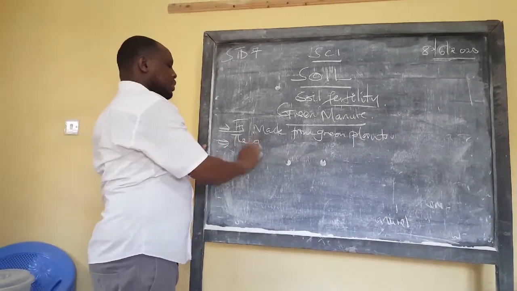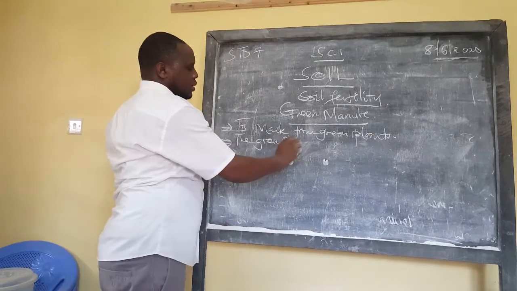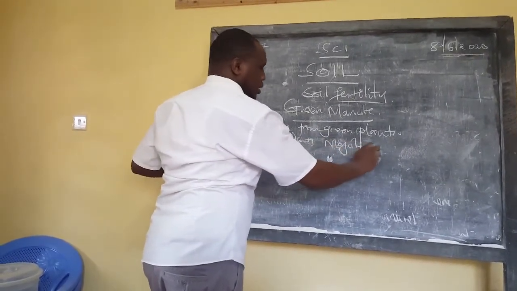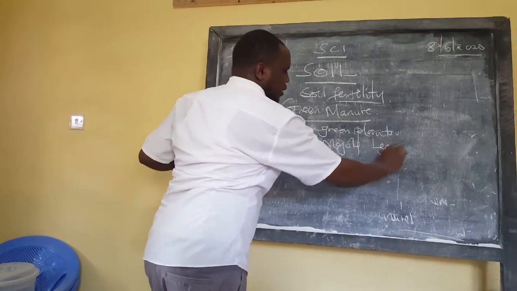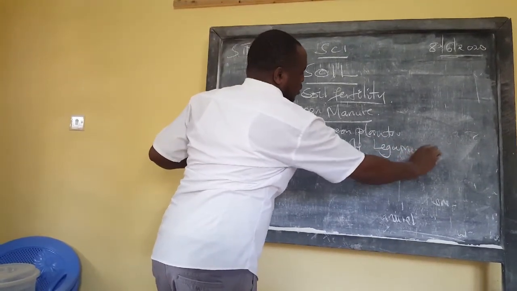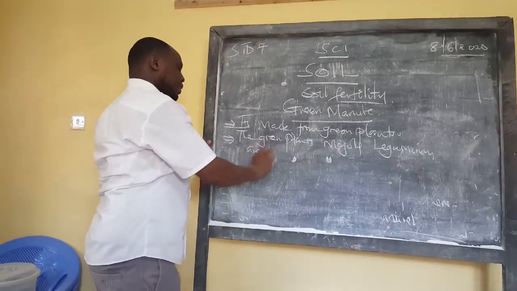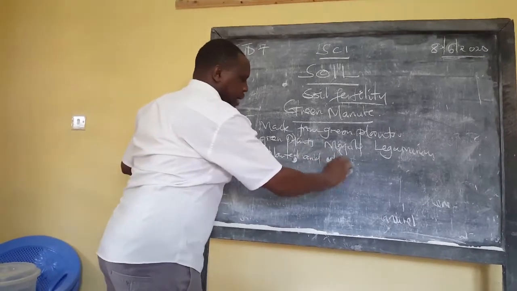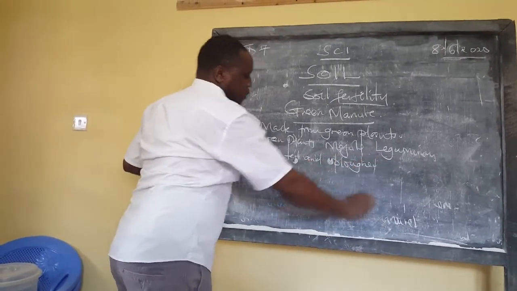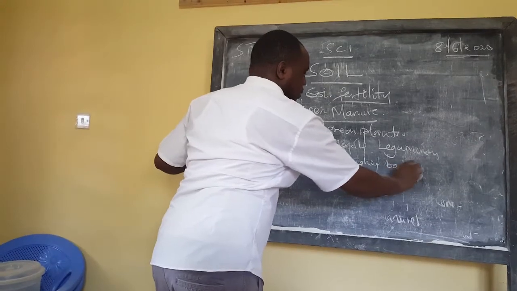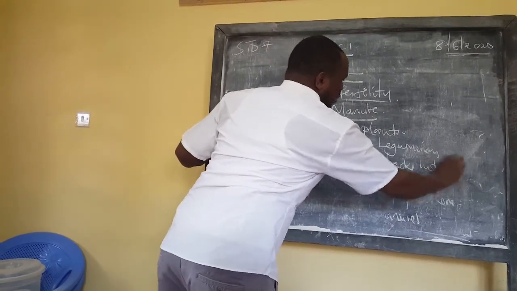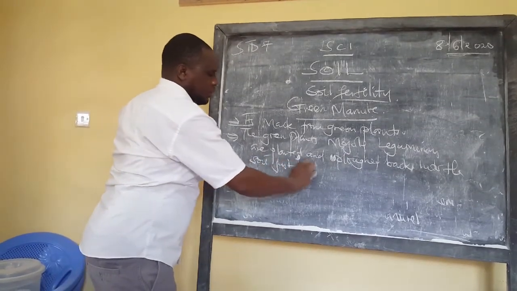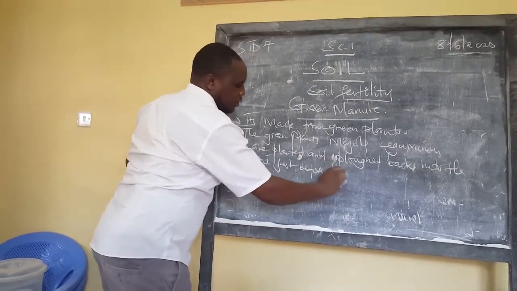The green plants, majorly leguminous plants, are planted and plowed back into the soil just before flowering.